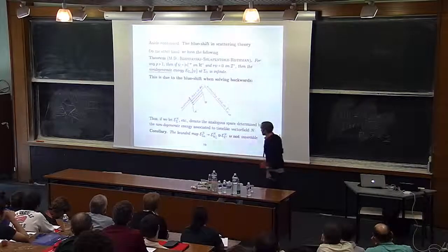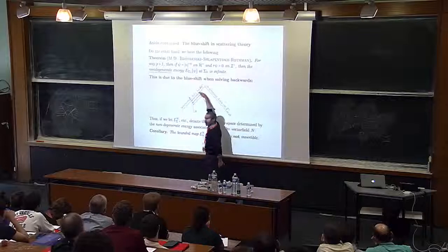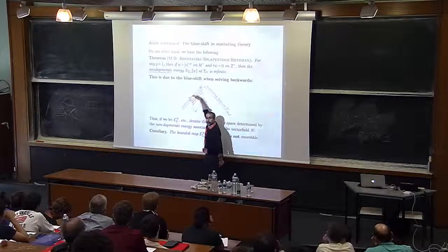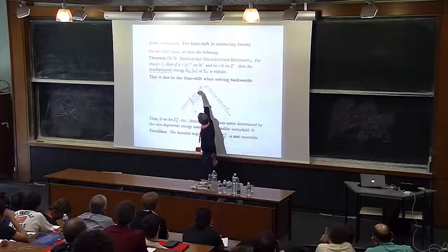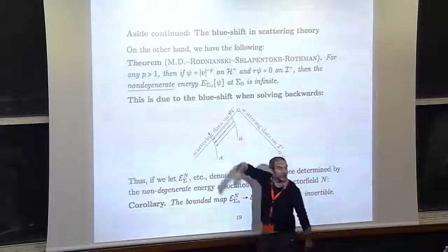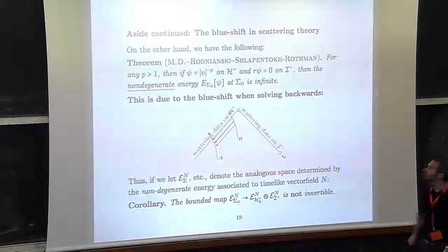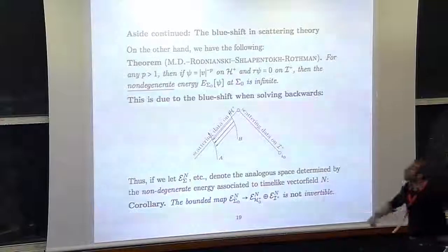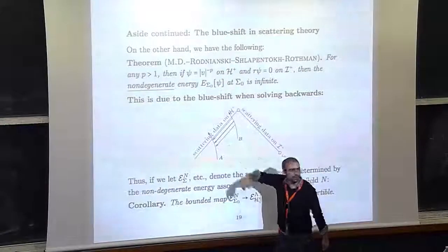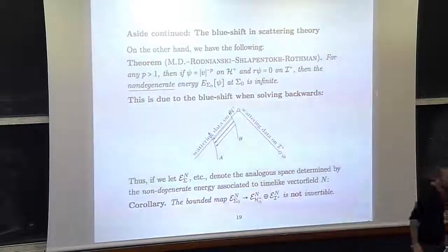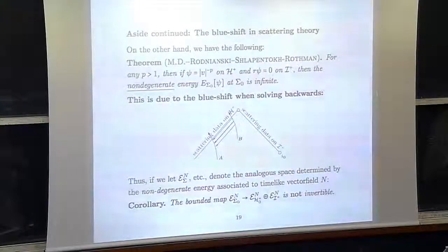But if you solve the wave equation backwards and look at energies corresponding to local observers, that's to say, which are actually time-like on the event horizon, then when you solve backwards, you should see the dual of the redshift effect.